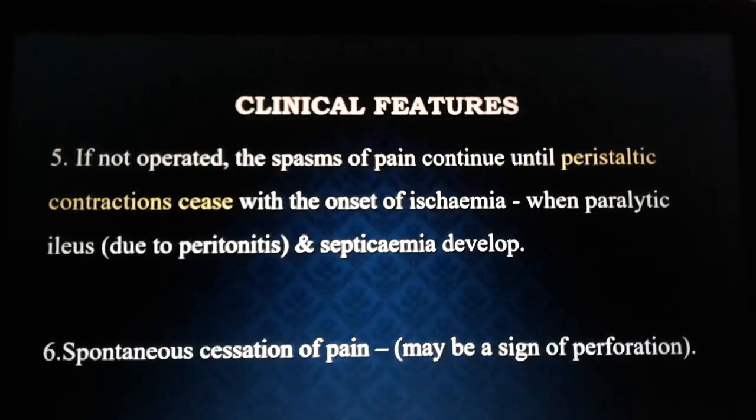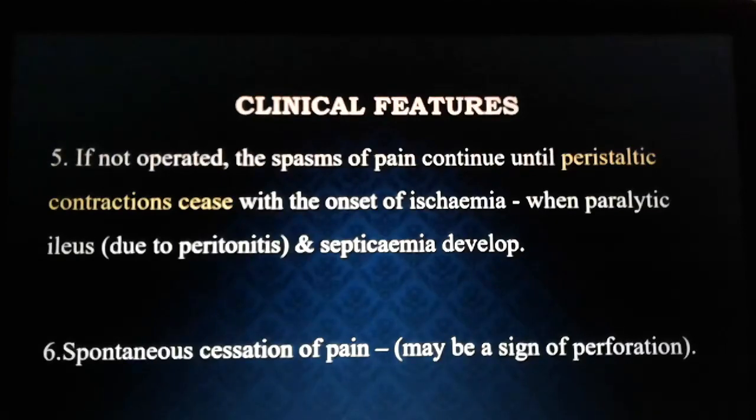So just keywords in strangulated hernias: they present with local symptoms, that is a tense hernia, tenderness is there, followed by general abdominal pain and vomiting. Even a normal hernia can strangulate at any point of time. Remember this fact.